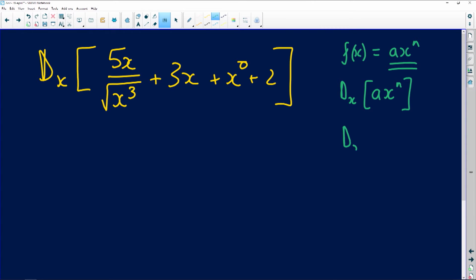So the notation d/dx and the notation f prime of x, and there's a third notation dy/dx, are exactly the same thing. It asks you to find the derivative with respect to x. Whenever you see that, check that your form is ready.